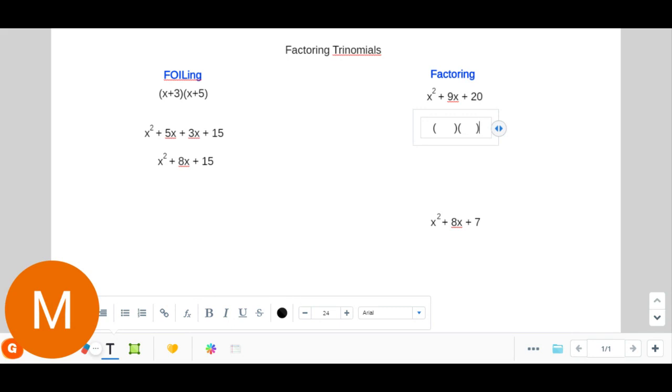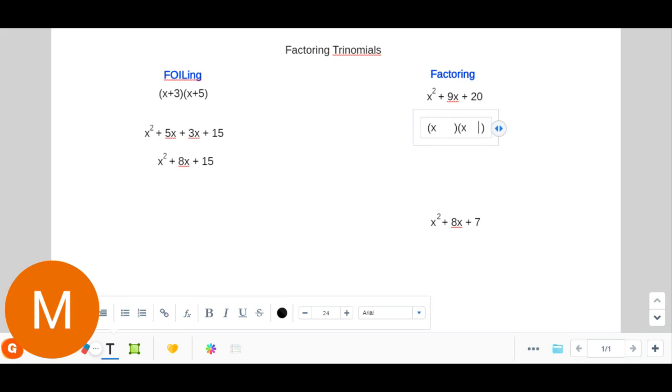I need to figure out what goes into the parentheses. So I know off the bat, since there's an x squared here, I know I'm going to need to start with an x. And I know here I'm going to need to start with an x. The question is, what numbers should go here and here?